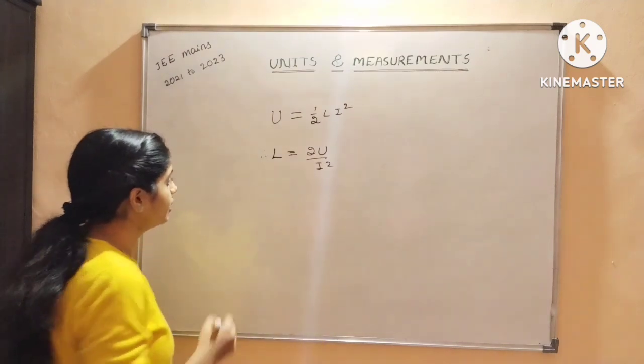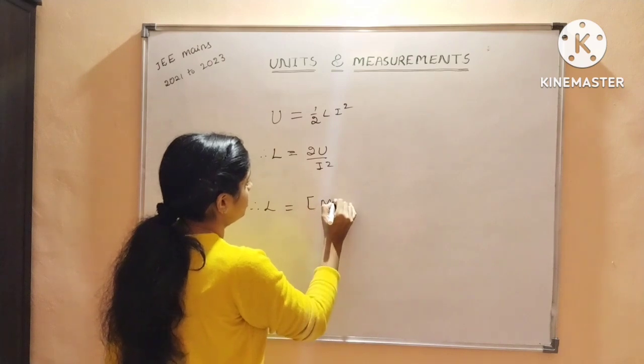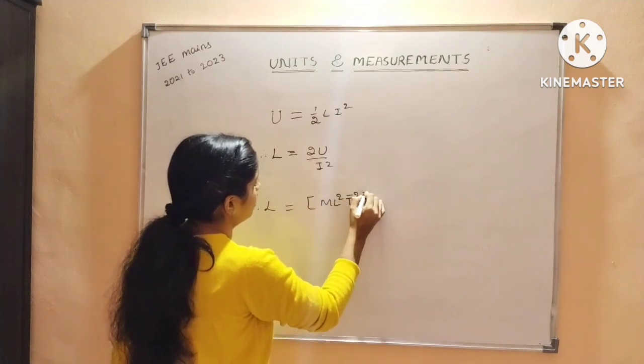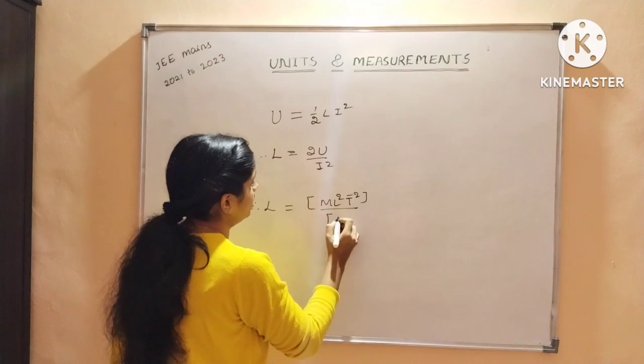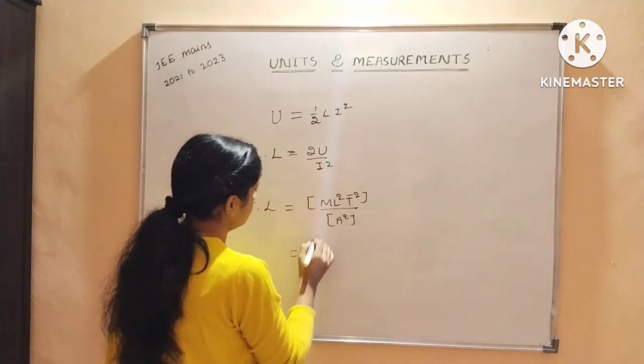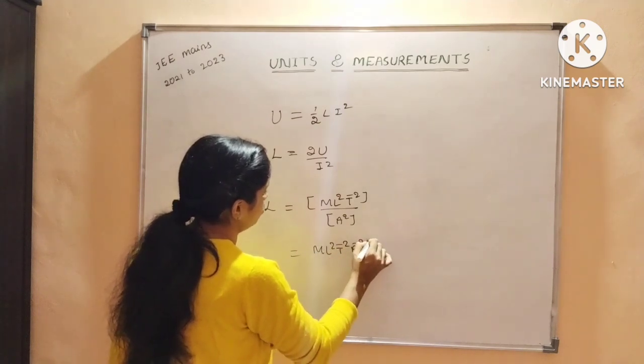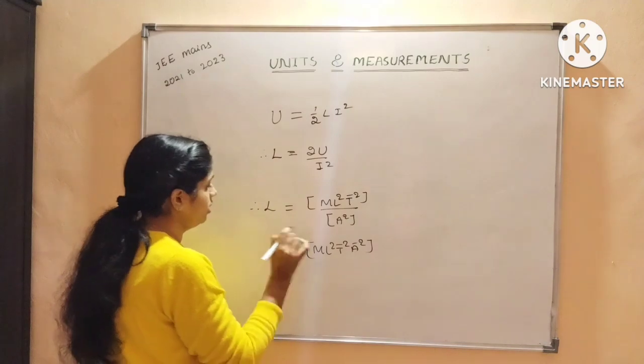Now we can write the dimensions of L. Dimensions of energy is M L square T raised to minus 2, divided by the dimension of current squared, which is A square. Therefore M L square T raised to minus 2 A power minus 2 is the dimensions of inductance.